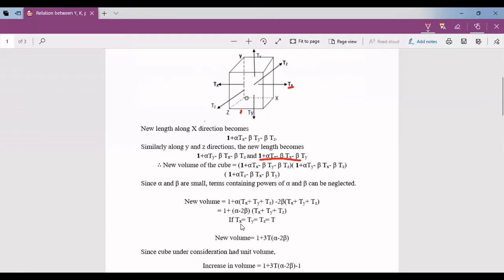If tx is equal to ty is equal to tz is equal to t, that is stress, then we can write the new volume as 1 plus 3t into alpha minus 2 beta.